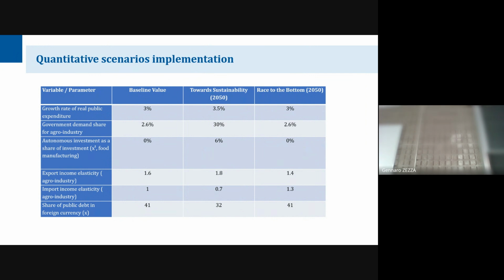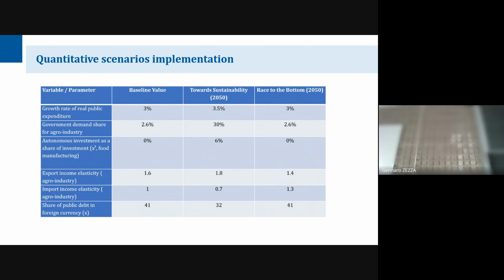The first thing is that we increase, not by that much, but by half a percentage point, the growth rate of real public expenditure. And then we arbitrarily decide that by 2050, 30% of this greater spending is oriented towards those six agri-food manufacturing sectors.